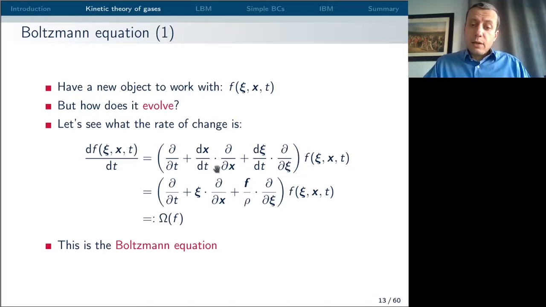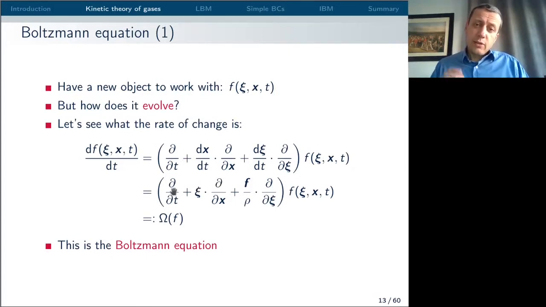Here the spatial gradient appears, you have the partial time derivative, and the change in velocity is of course acceleration, and acceleration of particles is related to the force acting on the particles. So we expect forces acting on particles to pop up in the Boltzmann equation, and spatial gradients play a role, and of course the partial time derivative.